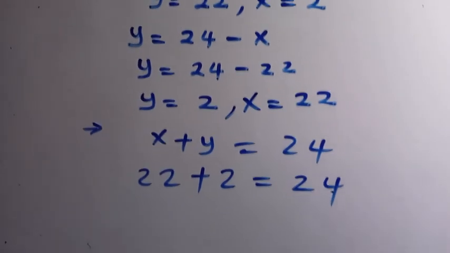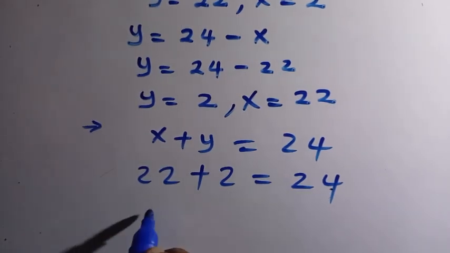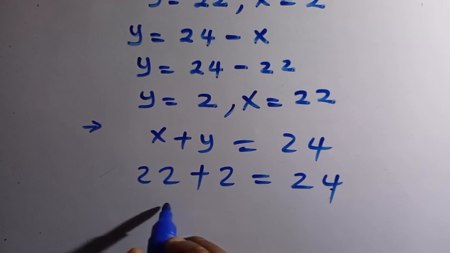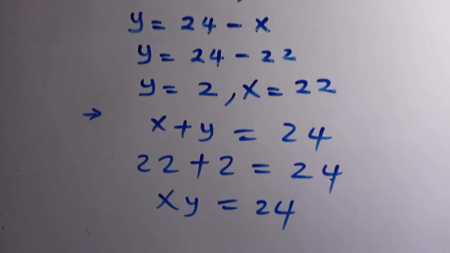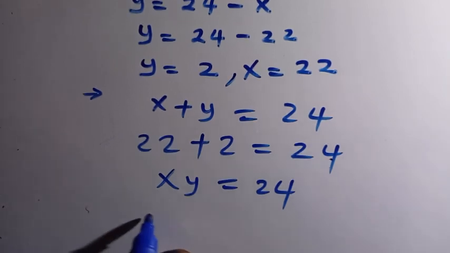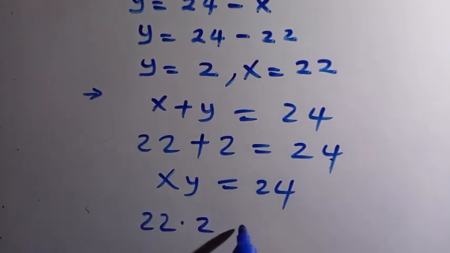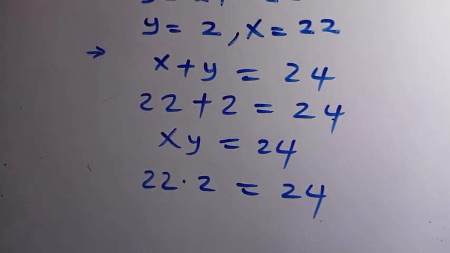And also from the product part of this, we are going to have xy, then we have 22 multiplied by 2, this equals 44, which shows that this is also correct.